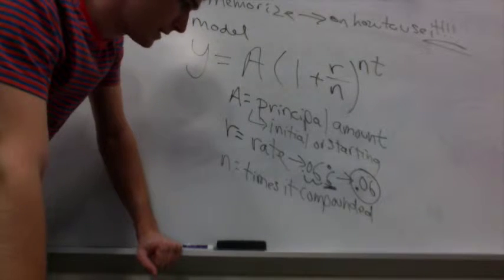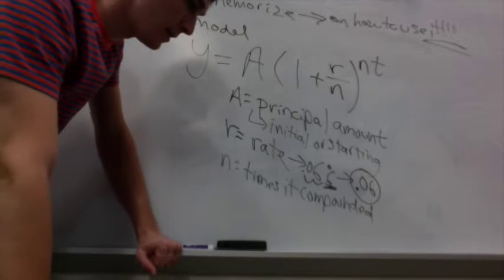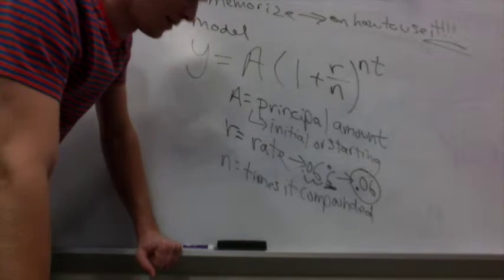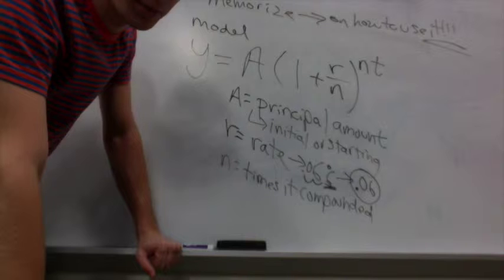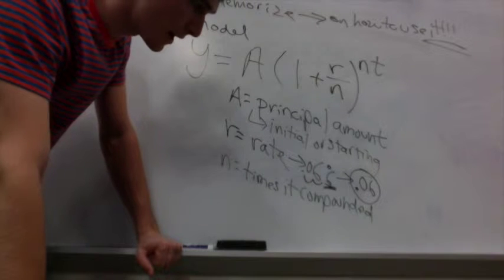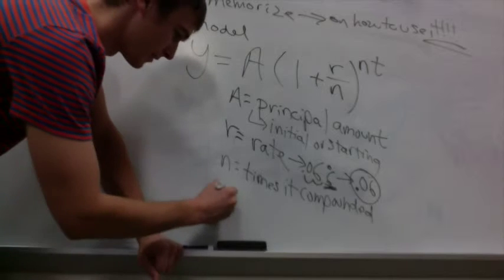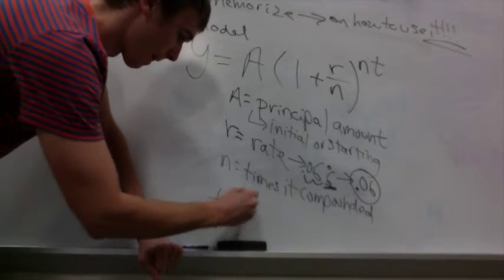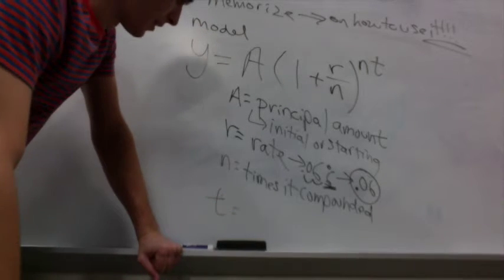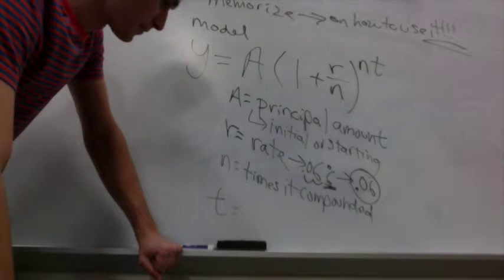Or it could be continuously compounded each and every day. Hopefully you know how many days there are per year. 365. If you didn't know that, you might want to look at a calendar sometime soon. But, continuing on, t-value.